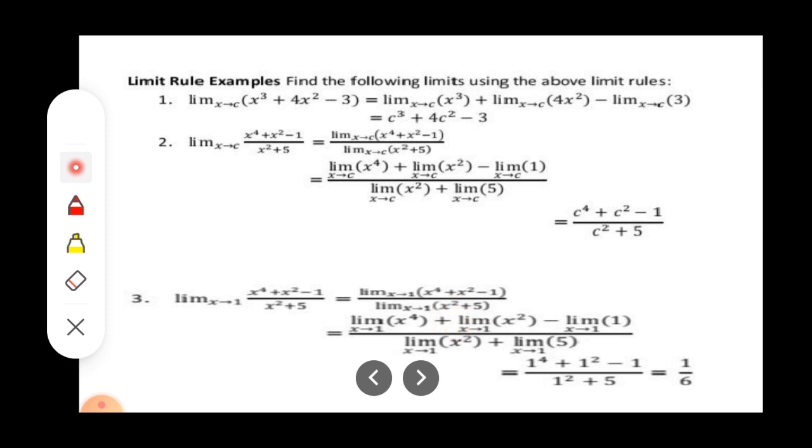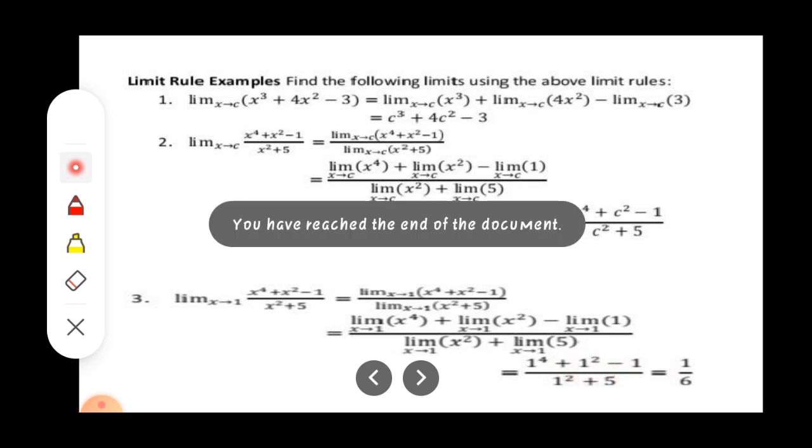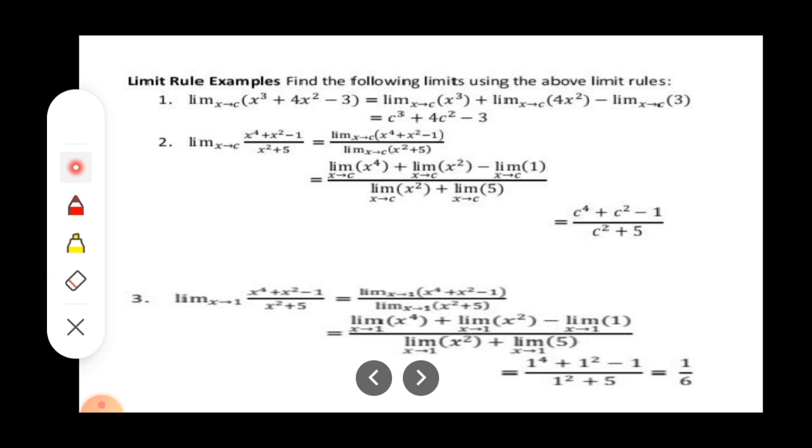So, the answer is 1 to the fourth power plus 1 squared minus 1 over 1 squared plus 5 equals 1 over 6. So, that's all.